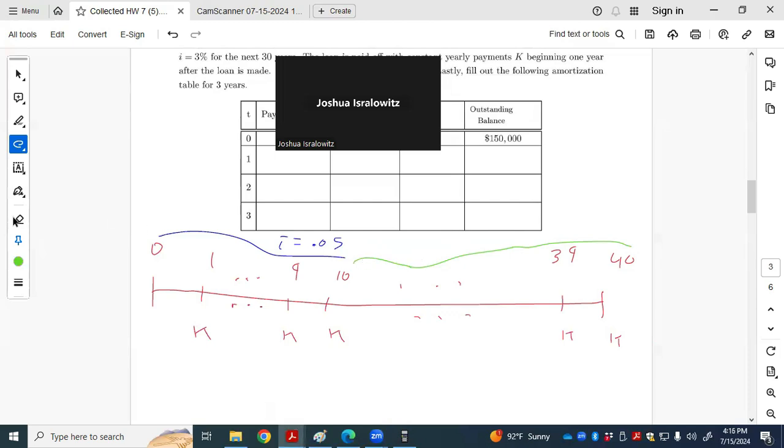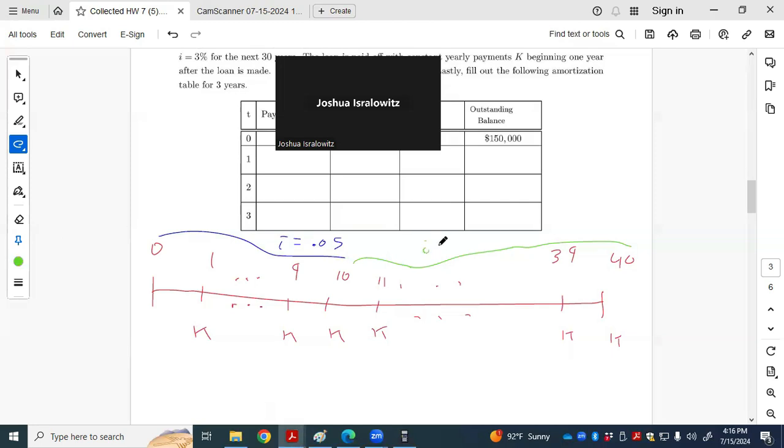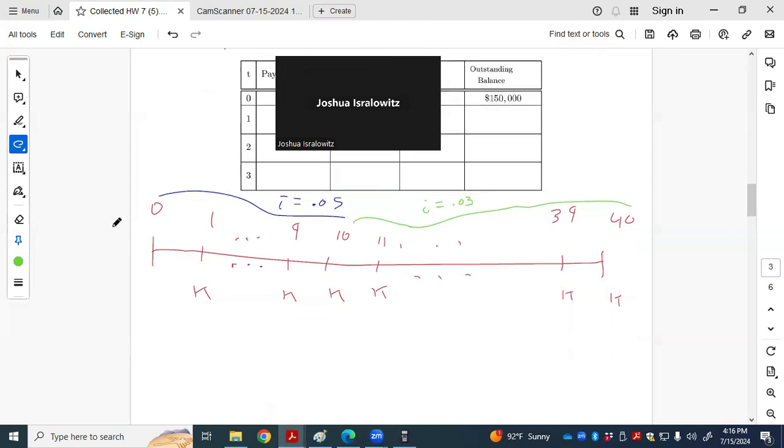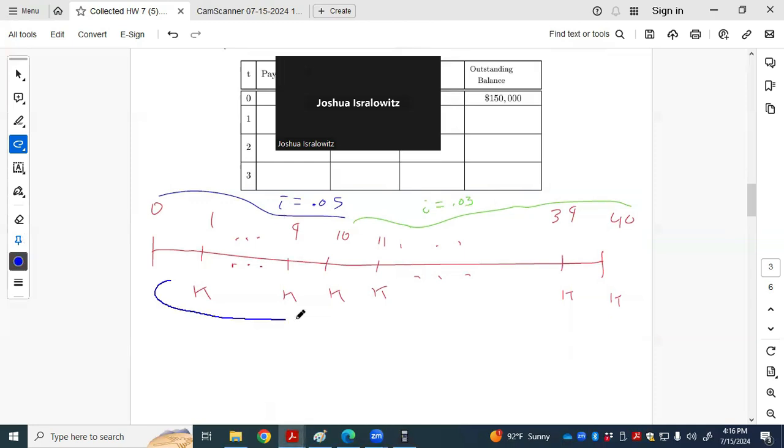I'll do one more for the payment. Was it 3% for the next 30 years? All right. So quickly do this just like the one before, 10 payments of K at 5%.